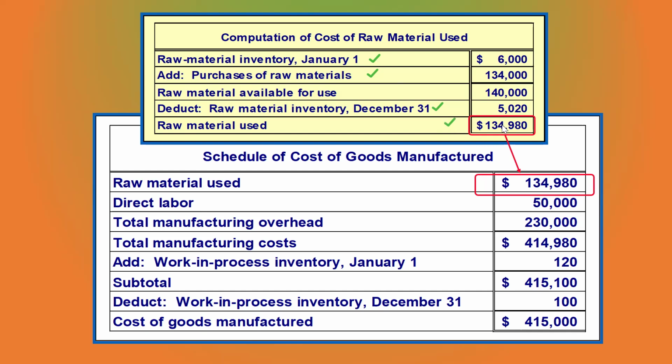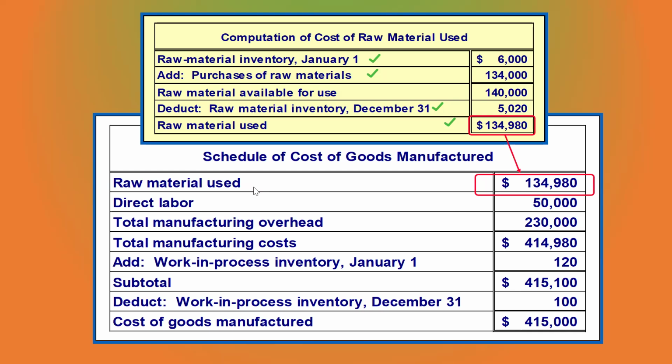This calculation of the cost of raw material will be shown separately or in workings, and we take the amount of raw material into the schedule of cost of goods manufactured. You can see in the schedule of cost of goods manufactured, three main elements of production combine to make up manufacturing cost.